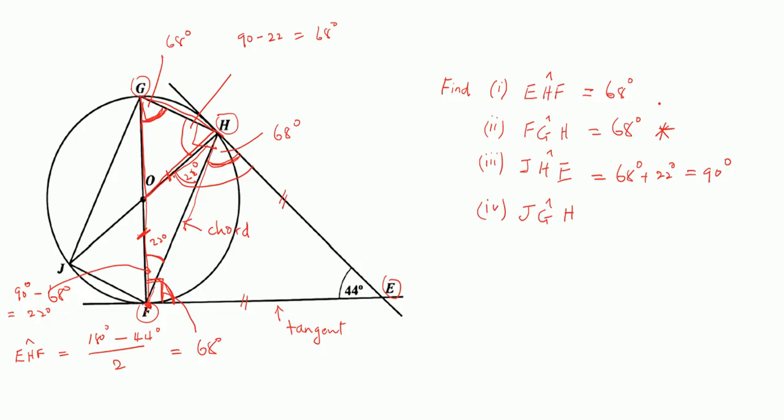And we should have known that that is 90 degrees because JH is a diameter and the point H is where the tangent passes. So therefore that angle JHE must be 90 degrees, right?